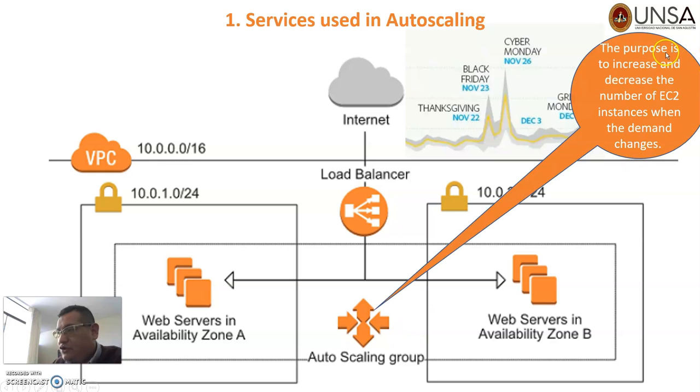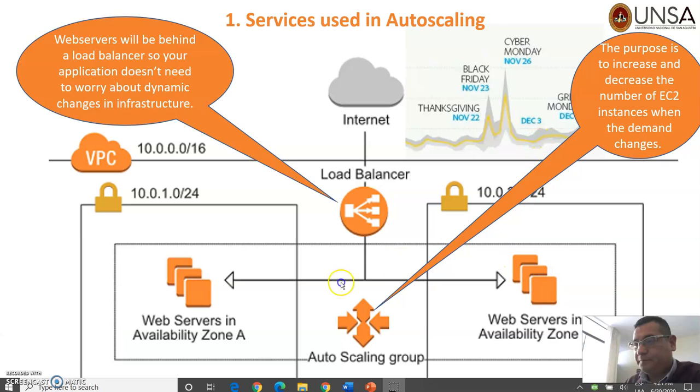And the purpose is to increase and decrease the number of EC2 instances when the demand changes. Let's say, for instance, there's a big demand here on Cyber Monday or Black Friday, so there will be an increase of instances. If the demand is low, there will be a decrease in the instances.